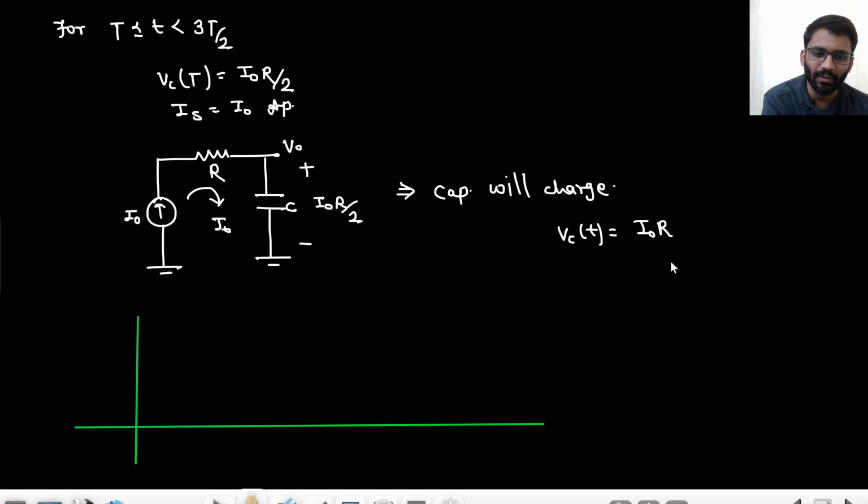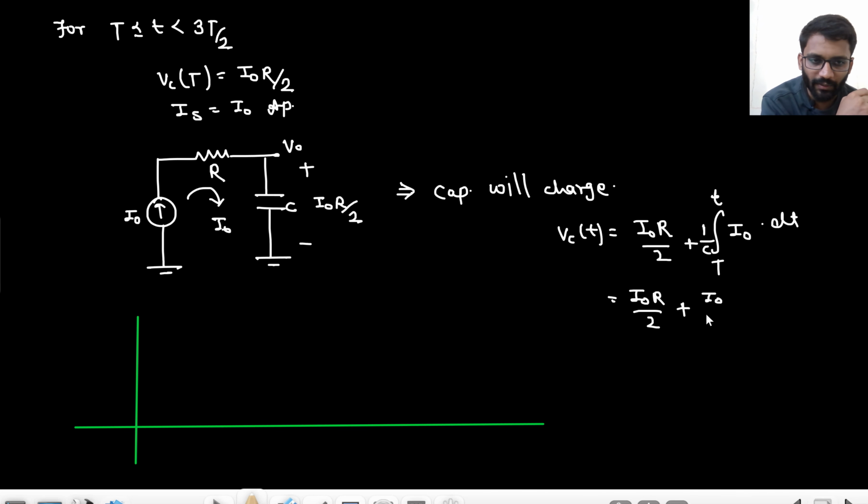Initially I am having I naught R by 2 voltage, then from T to 3T by 2, I am having 1 by C integration I dot dt. So it would be I naught R by 2 plus I naught by C times T minus T. So it will be I naught R by 2.